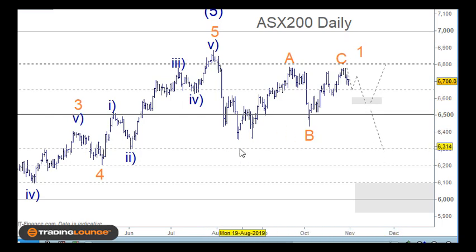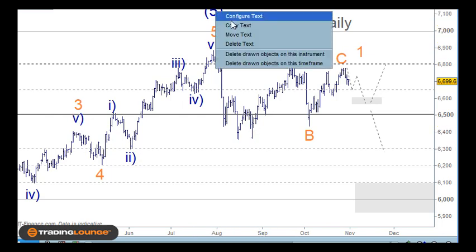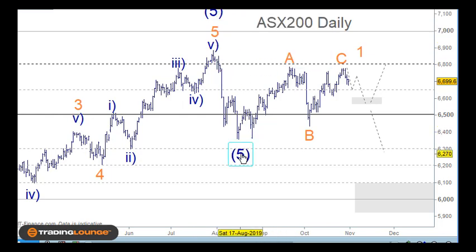If this is wave 1 over here, then this will be wave 2 over here. But I think it's more of a corrective move, so we could put this here as, let's just copy.